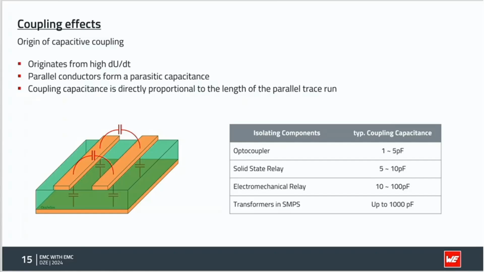If the electric field is more dominant, then we speak about capacitive coupling, meaning we have two conductors, they build up a kind of parasitic capacitance, therefore you have an electric field and you have coupling. On the bottom side, you will see typical values for, let's say, optocouplers from 1 to 5 picofarad coupling capacity.